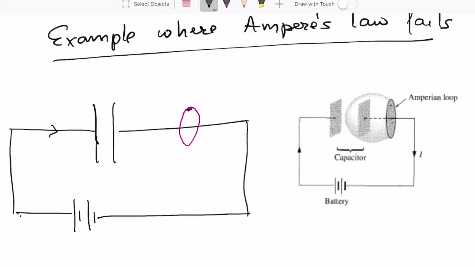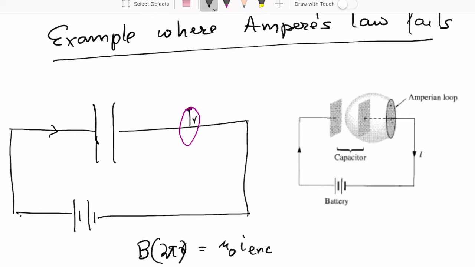That allows us to do the line integral, and so B times 2 pi r is what the line integral becomes. R would be this radius, and that is equal to mu 0 times I enclosed. Okay, what is I enclosed? If we consider the flat surface of the loop, then I enclosed is simply the current penetrating that flat surface.